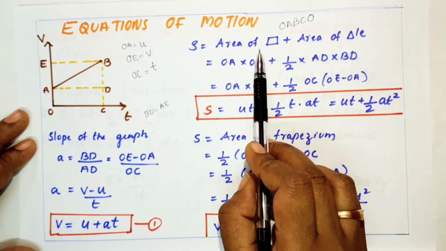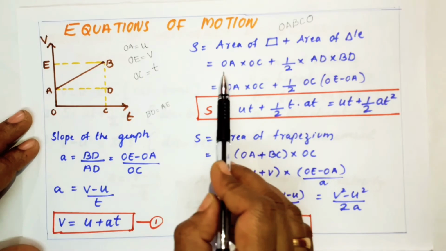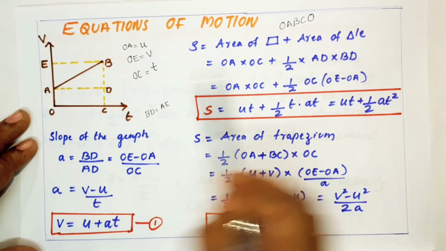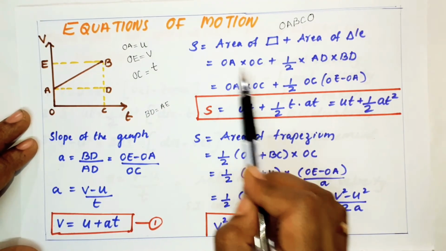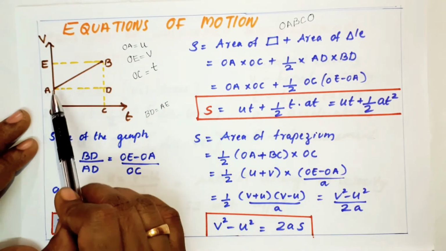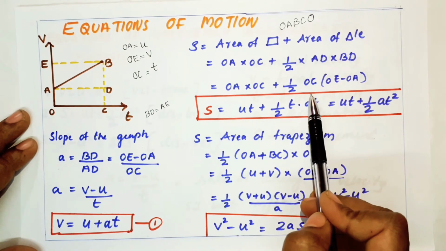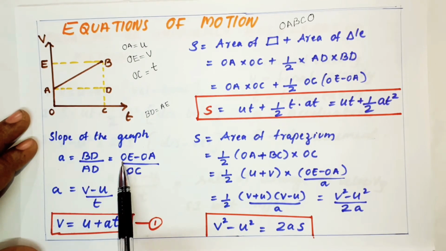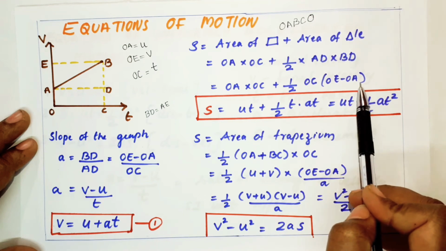Area of rectangle is length into breadth, that is OA into OC, plus triangle is half into base AD into height BD. AD is equal to OC, and BD is OE minus OA.